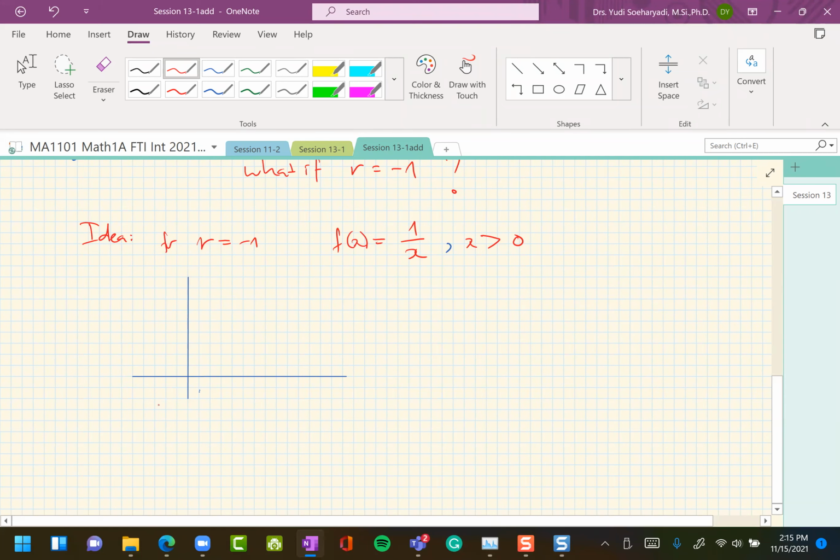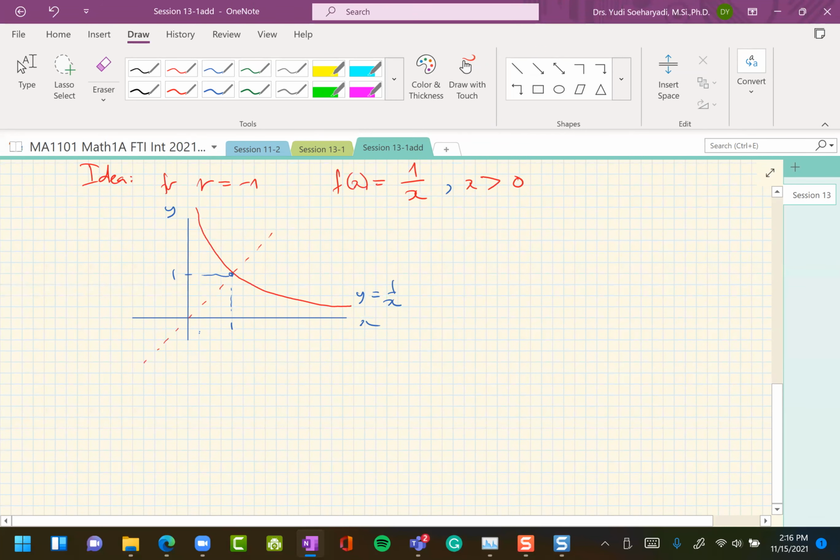This is x, and this is y equals 1 over x.